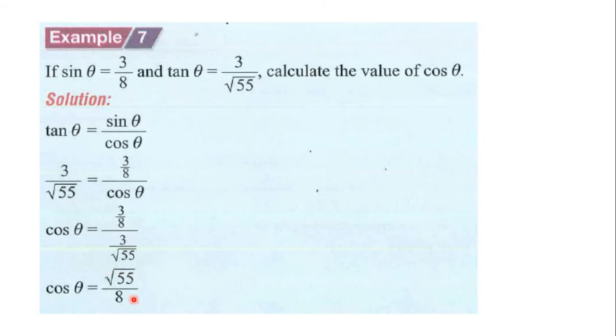How do you get this? 3 over 8 over 3 over square root 55, you change into 3 over 8 times square root 55 over 3. Then you simplify the 3, you get square root 55 over 8. Just leave your answer like this. No need to find the square root of 55.